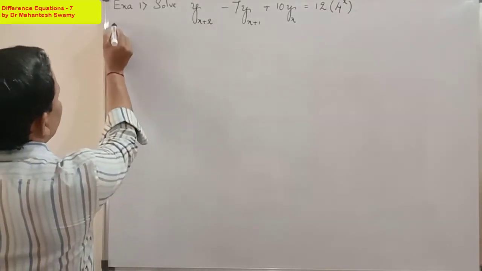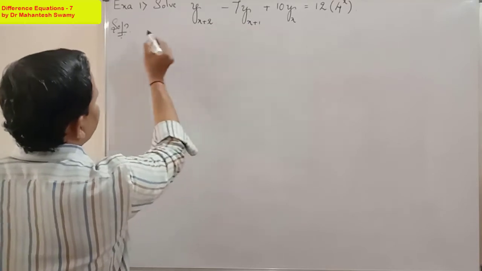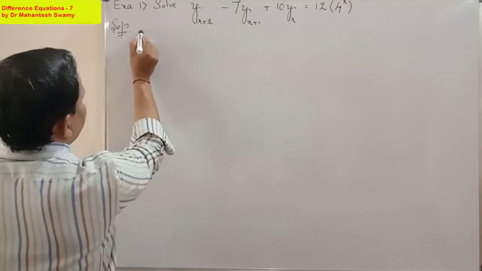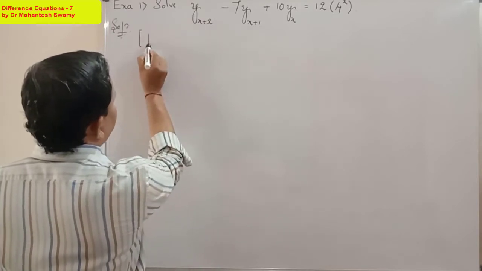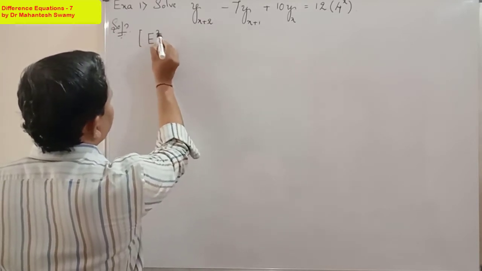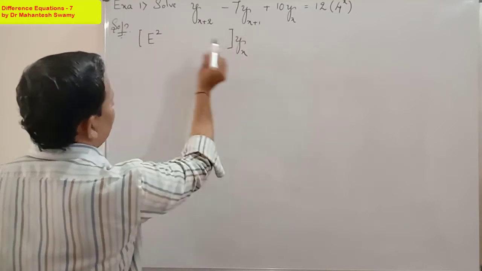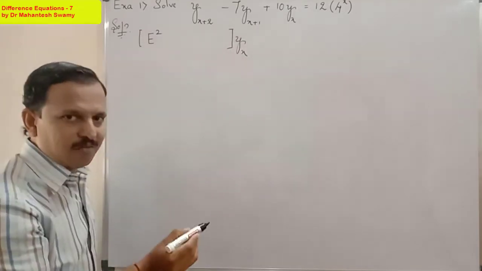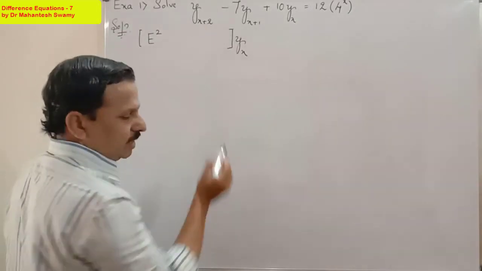In order to proceed, we first write the given difference equation in the form where we find the shift operators. That is, y of x plus 2 can be written as E square of y of x. We have discussed well how E square y of x becomes y of x plus 2.